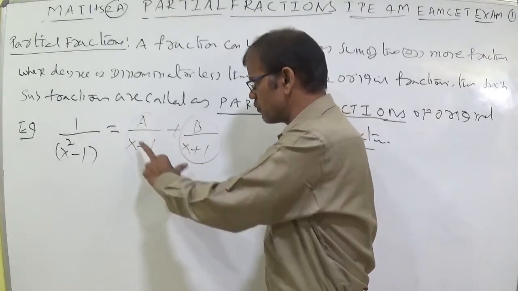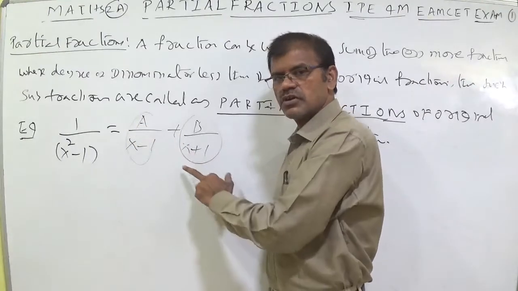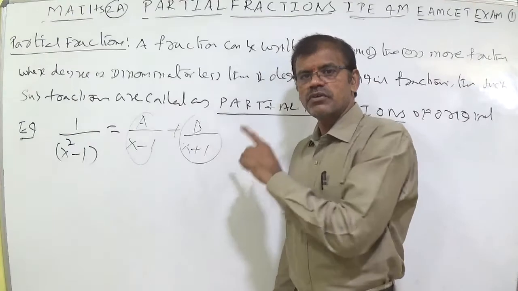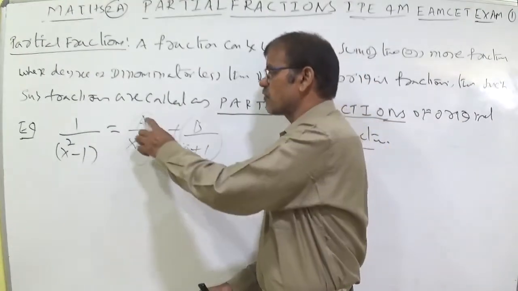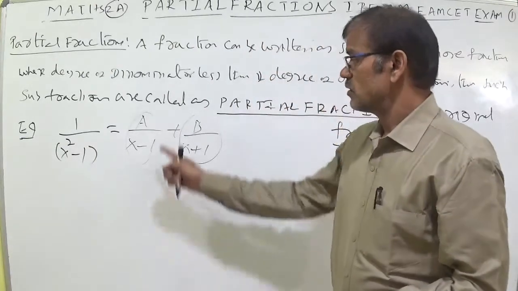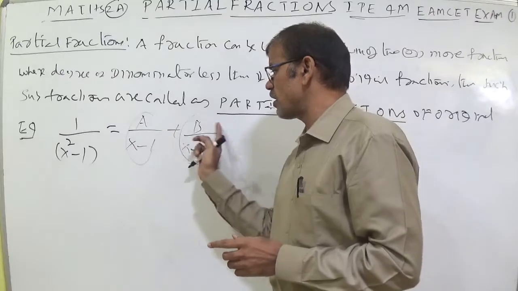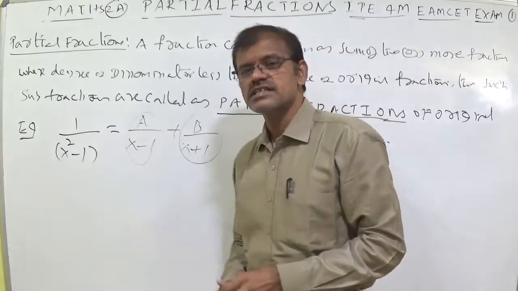By the calculating method you can calculate the values of a and b. After getting the values of a and b, if you substitute them, take the LCM and reduce to a simple fraction, you will get the same answer.